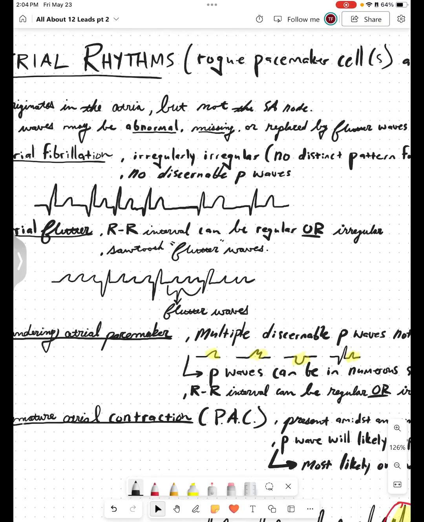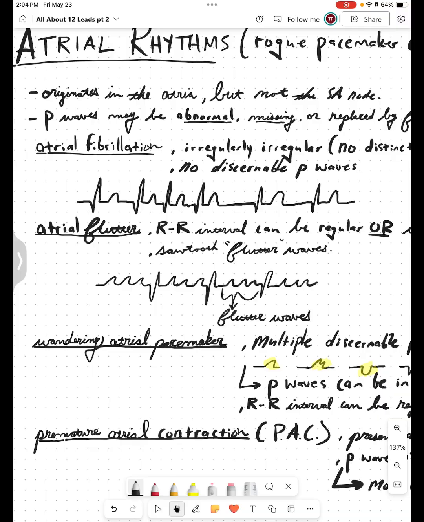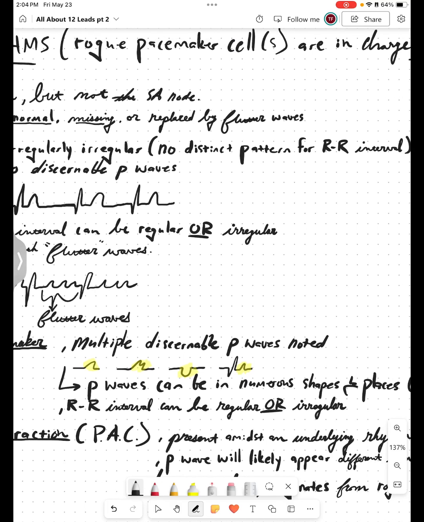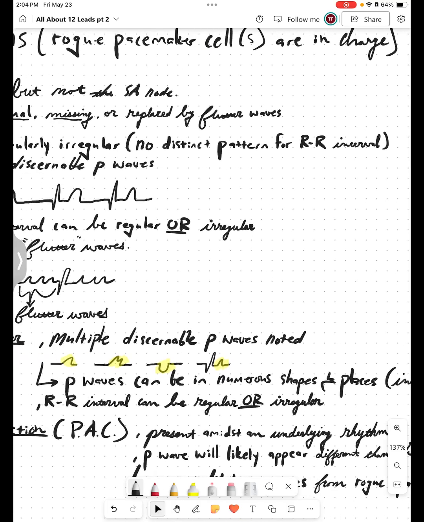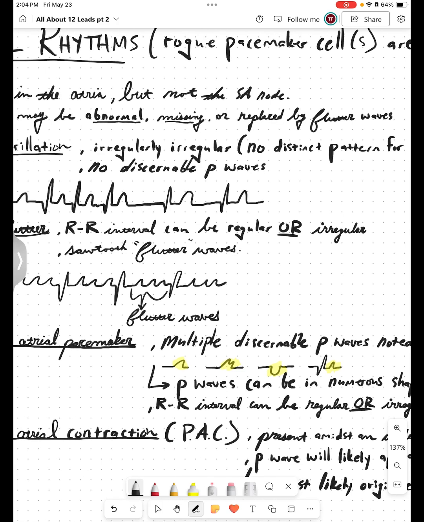First one is going to be AFib, or atrial fibrillation. The thing to note about AFib is that it is always irregularly irregular, meaning there is no distinct pattern and no predictability to it. The R to R intervals are completely wild and not synced up.